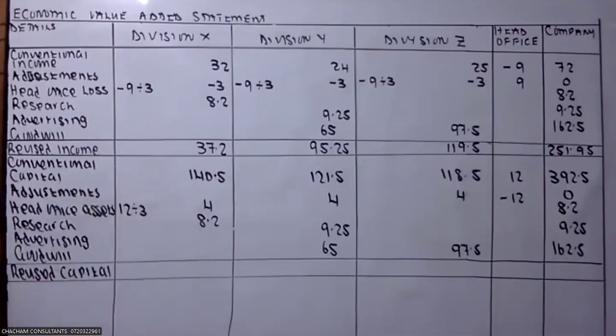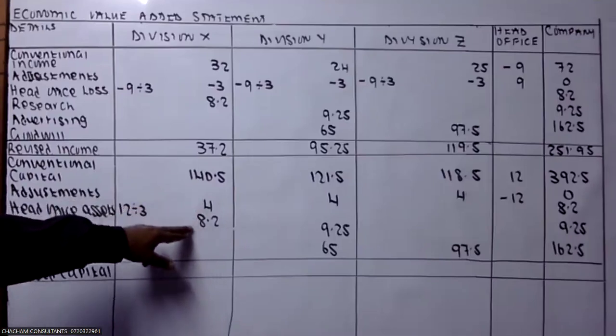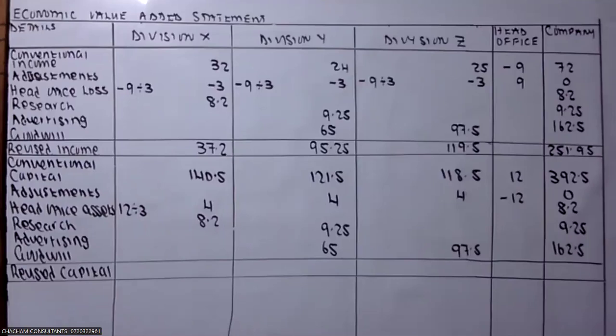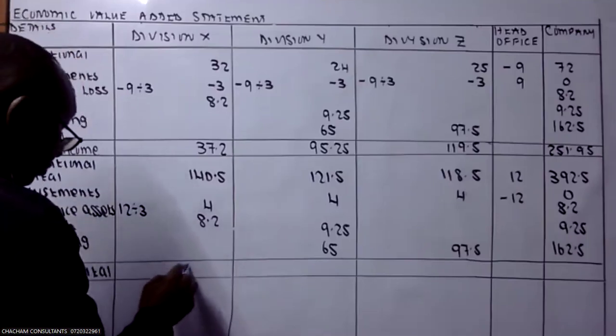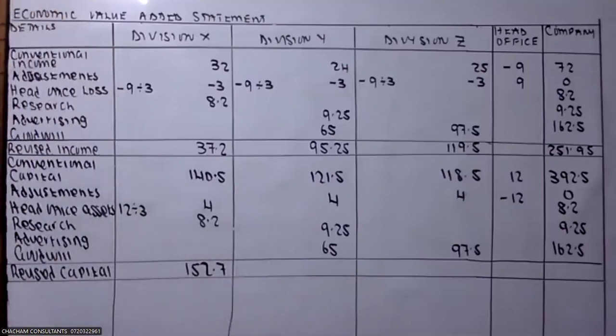So this 140 plus 4 plus 8.2. $157.2. Huh? Is it 157? So this is 140 plus 40 plus 4 plus 8.4. Ama kuna kitu ingine? Yes, 152.7. Yeah, good. The next one. $199.75.